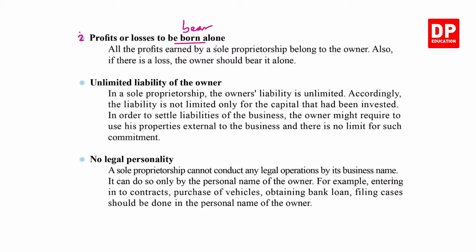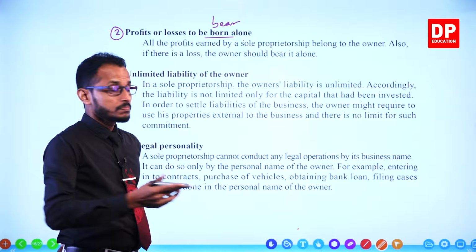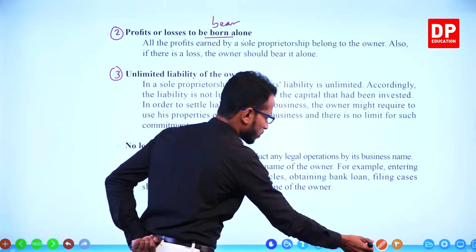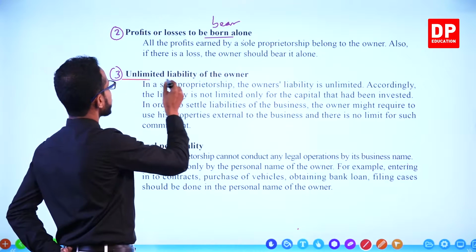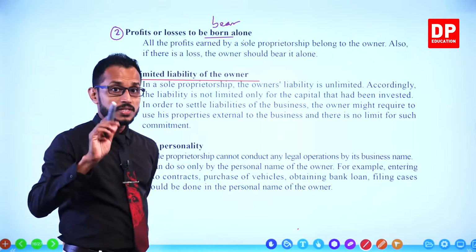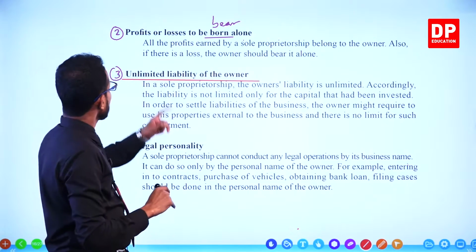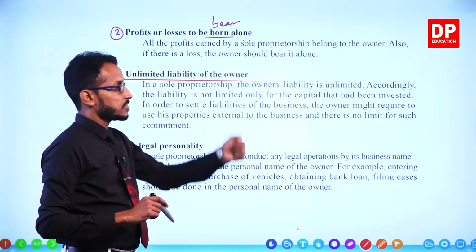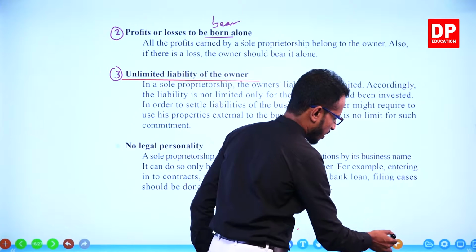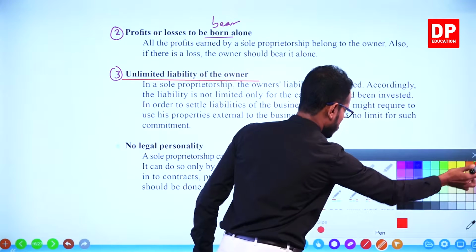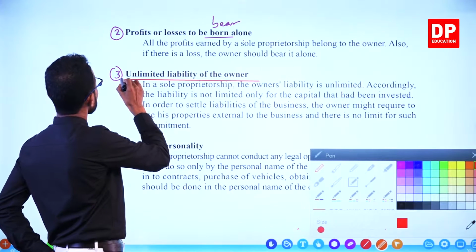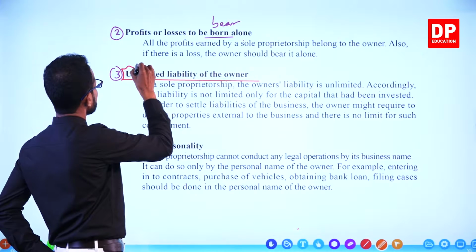So that is the second. Third is something that should be discussed. Unlimited liability. Dangerous affairs. Unlimited liability. What does this mean?